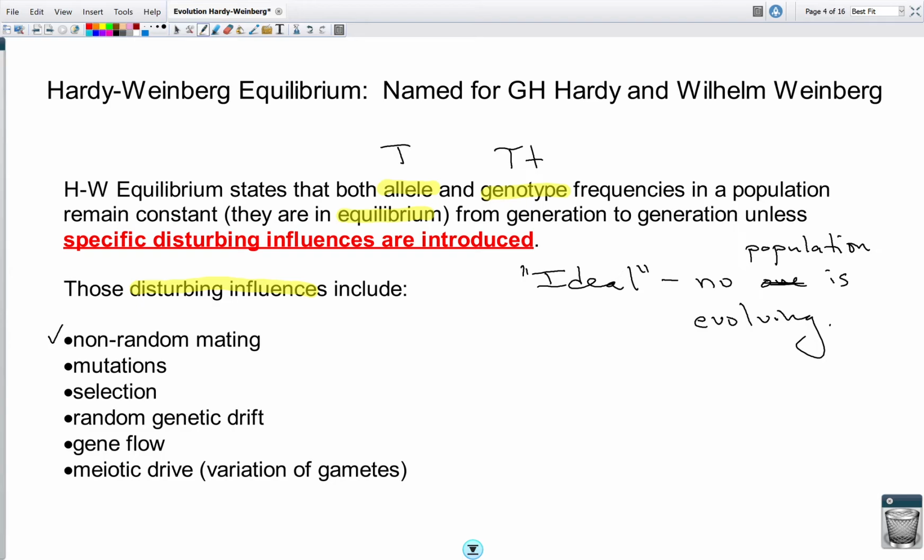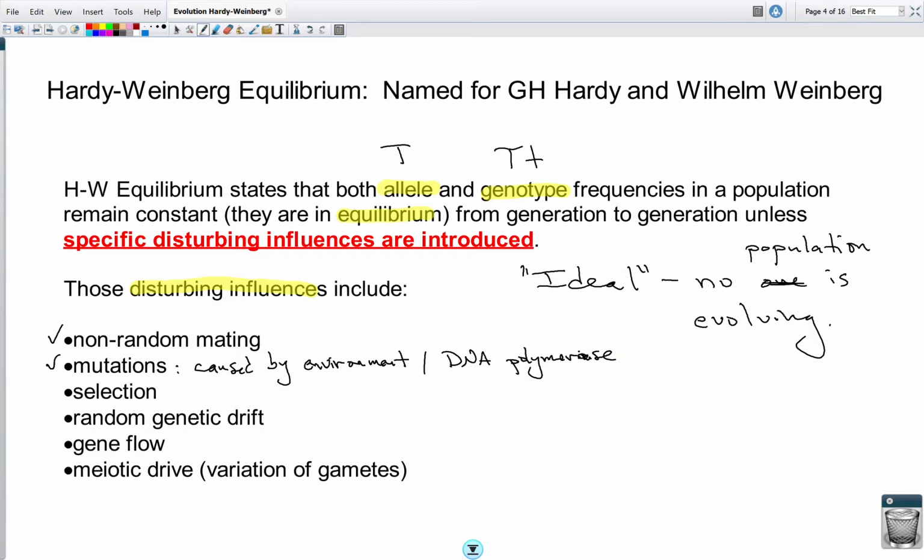Hardy-Weinberg also tries to eliminate the factors involved in mutations. This is a tough one because mutations are generally caused by environmental factors or caused by DNA polymerase, which makes one error every 1 billion nucleotides that it complementary base pairs.